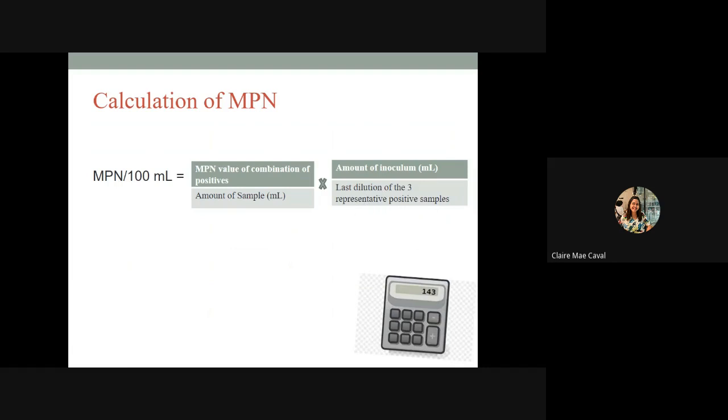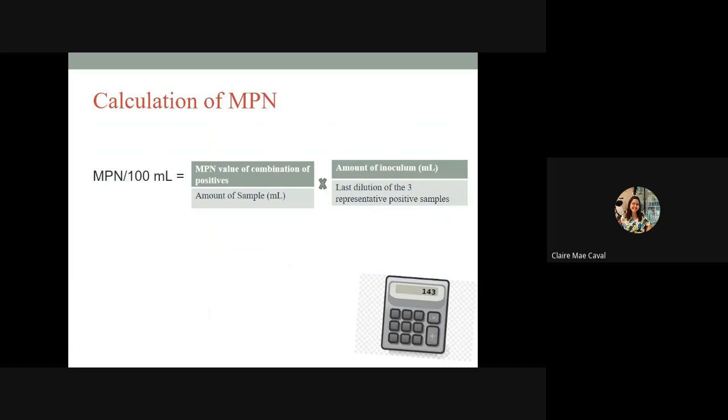So the answer will be 110 divided by 100 times 10 times 10 raised to the power of negative 5. The answer is 1,100,000 MPN per 100 ml. But then we have to convert it to scientific notation with two significant figures.